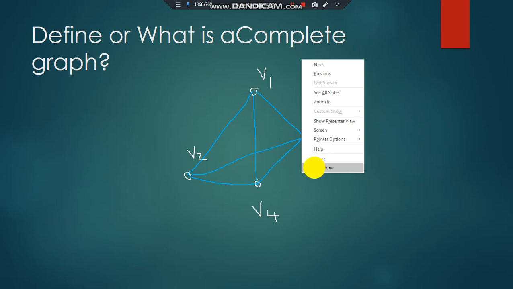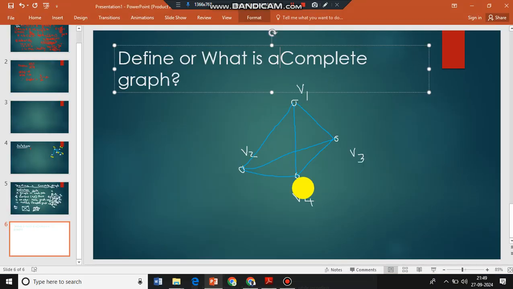I will explain now. What is a complete graph?